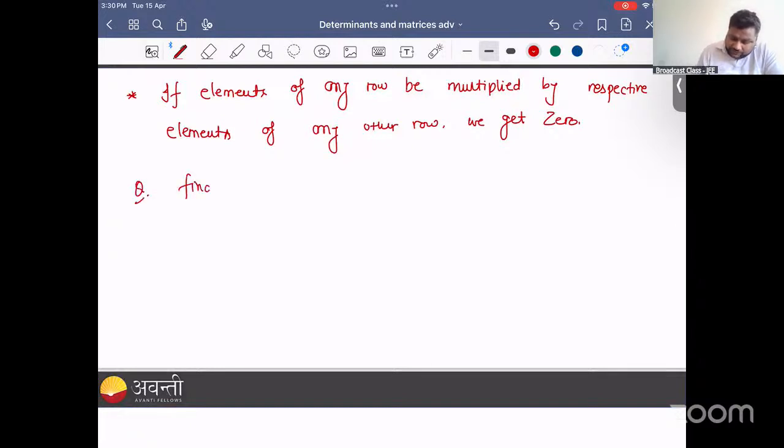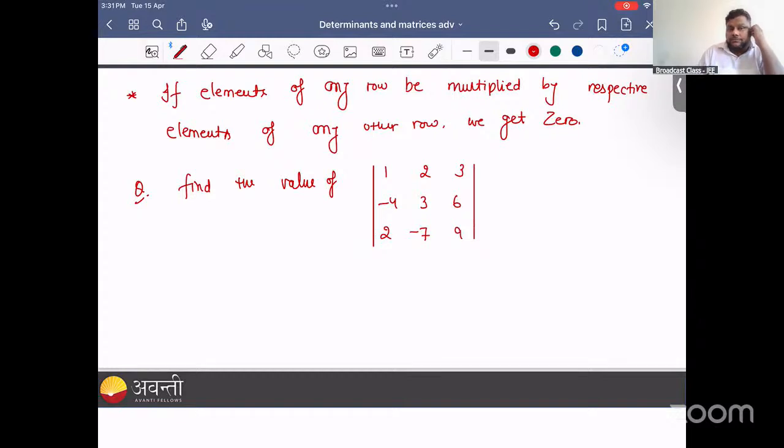Find the value of the determinant 1, 2, 3, minus 4, 3, 6, 2, minus 7, 9. Yes, quickly. Tell me the value.